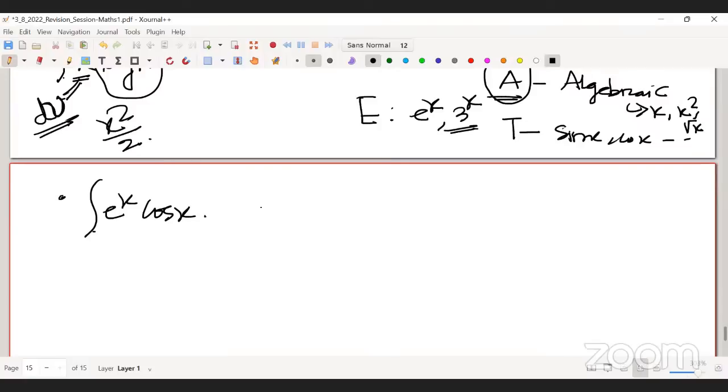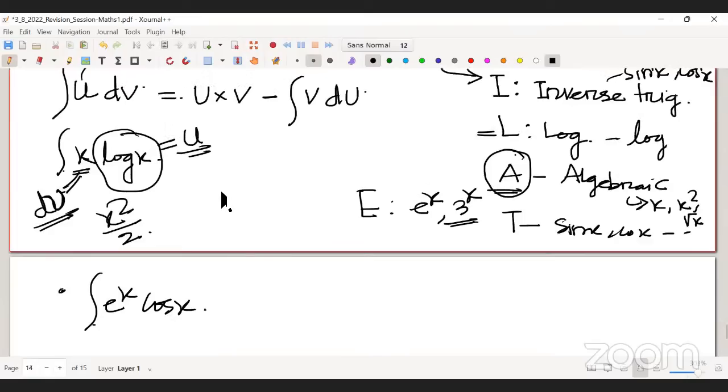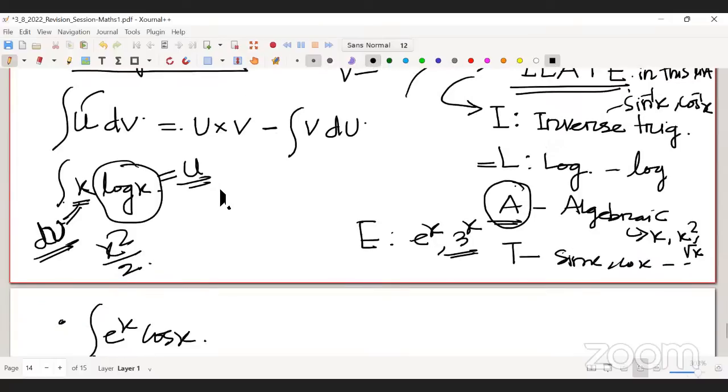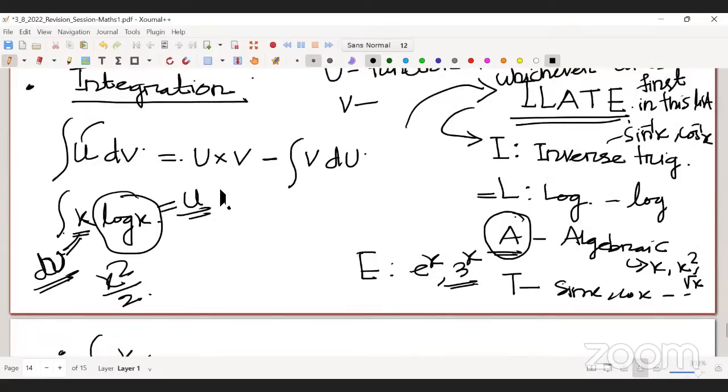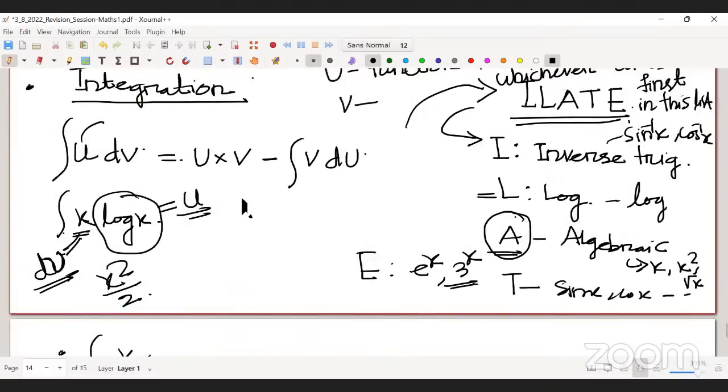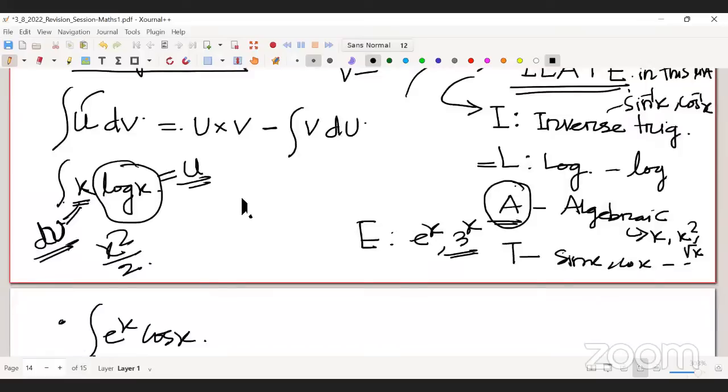So what is u here? What function do you take as your u? Cos x, right?